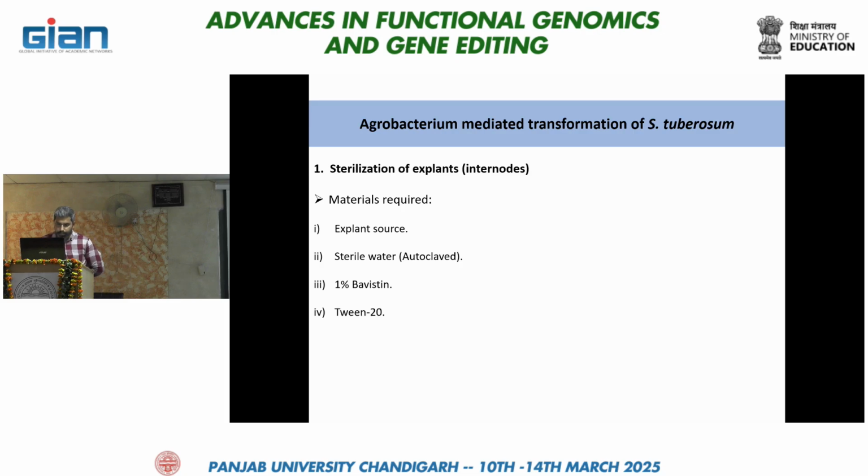Similarly, you will need Tween, 70% alcohol and sodium hypochlorite as well. You can also take mercuric chloride, HgCl2, and of course you will need MS media.